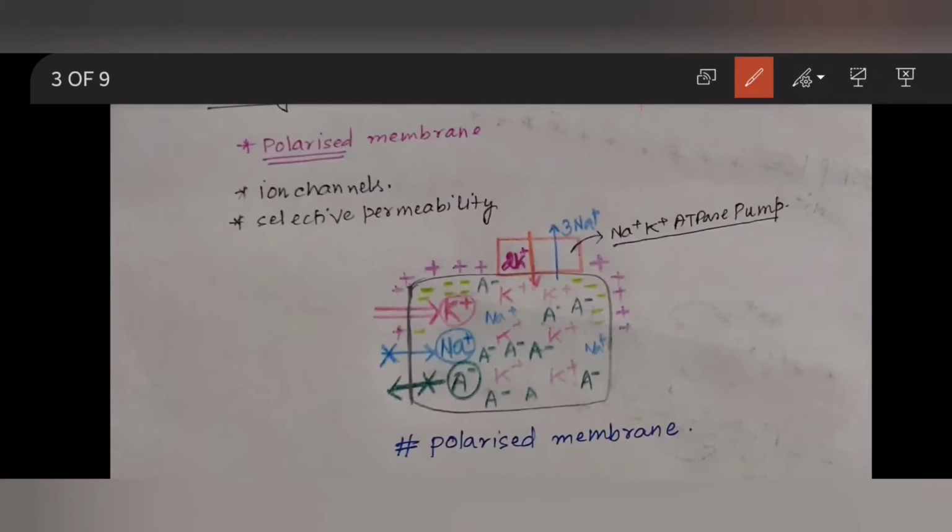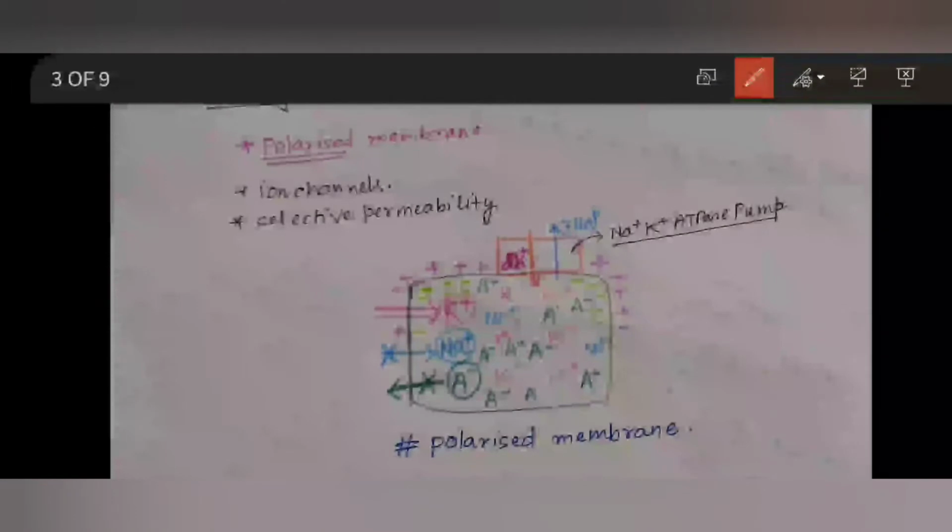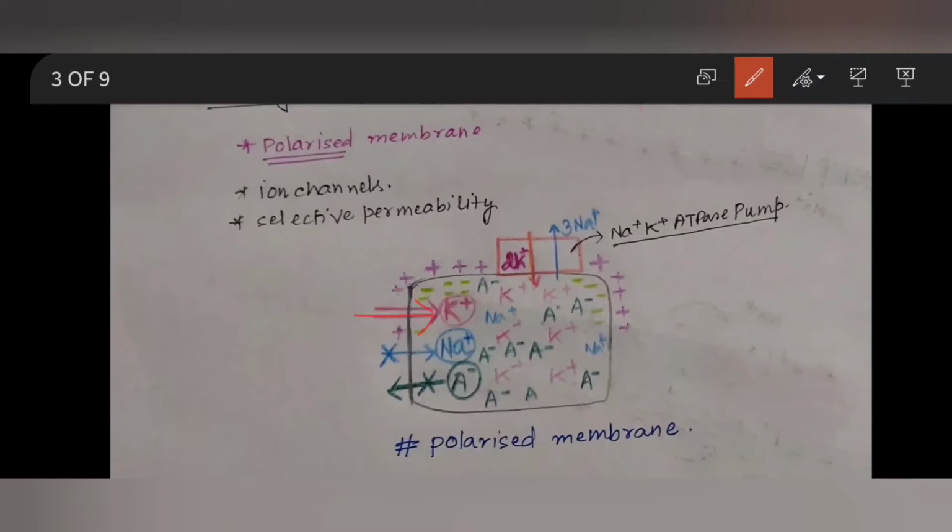The membrane of the axon is freely permeable to the K+ ions. This results in lots of influx of the K+ ions. But the membrane is nearly impermeable to the Na+ ions and the negative ions. What happens?